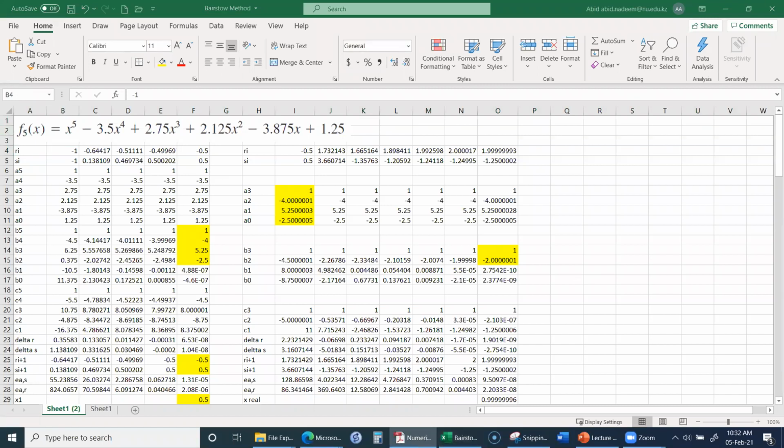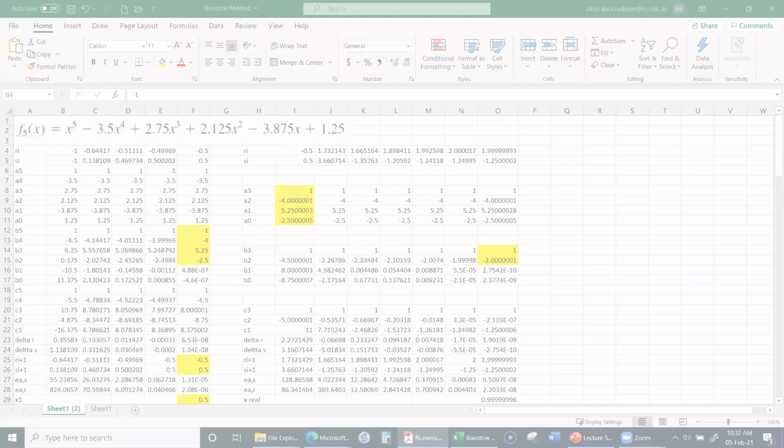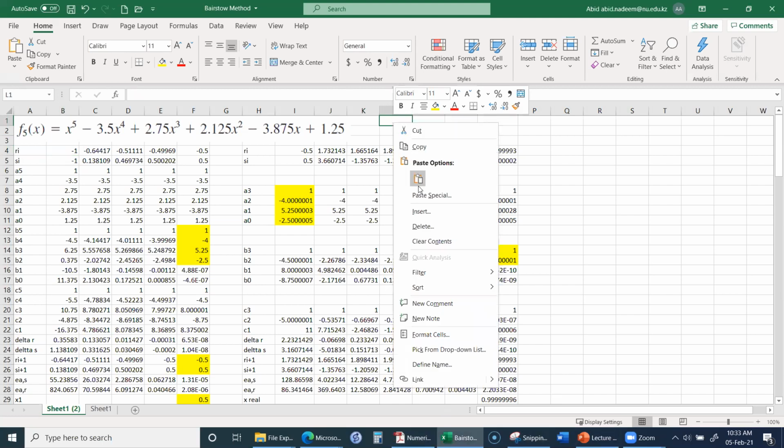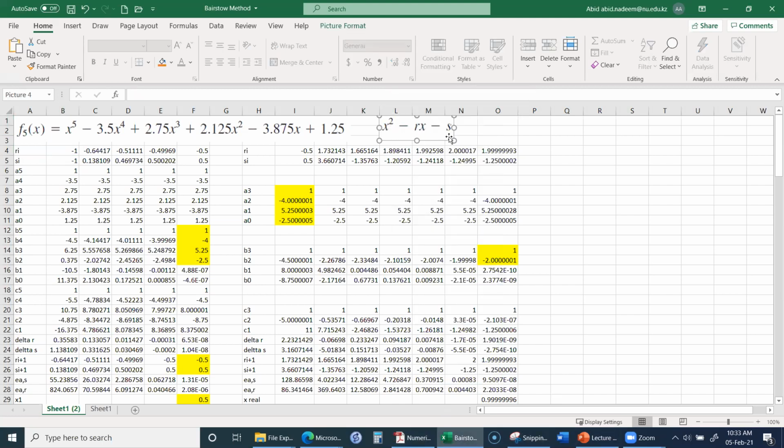and then we have to apply this equation. We have to apply this factor, r square minus rx is equal to s.